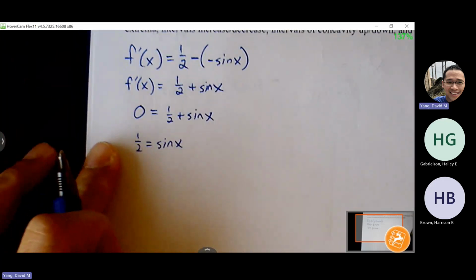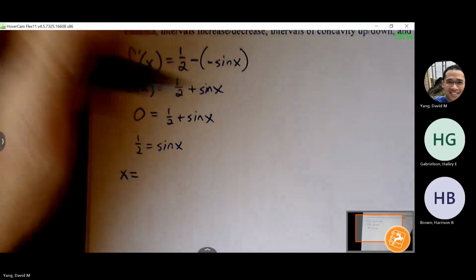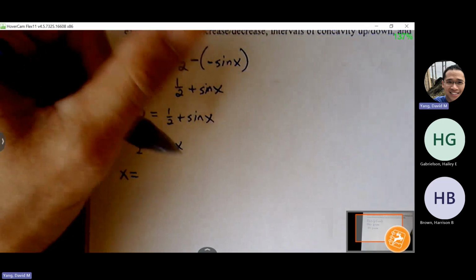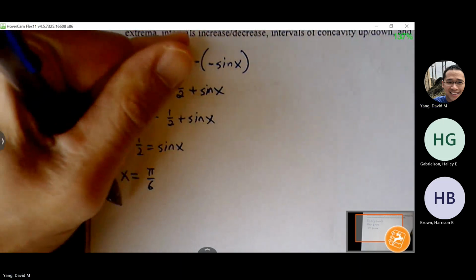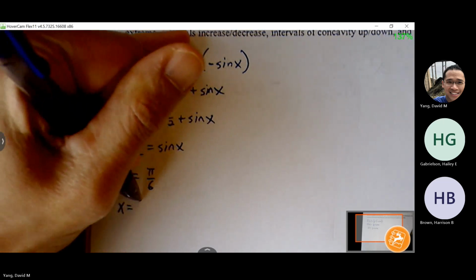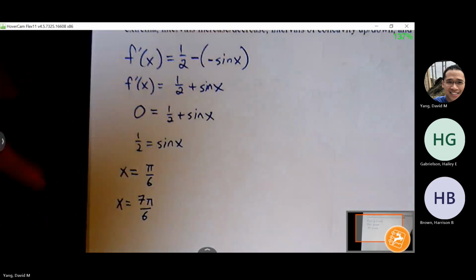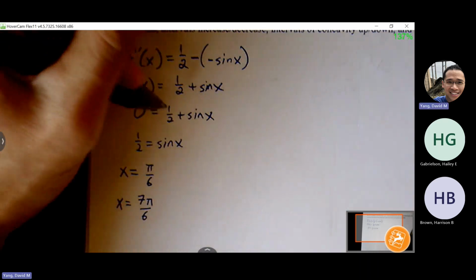Okay, we ask ourselves, where is sine equal to 1/2? In the first and second quadrants is where sine is positive. It's going to be in that pi over 6 family. Oh, sorry, my bad. This should be negative.